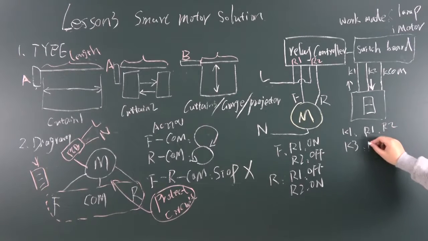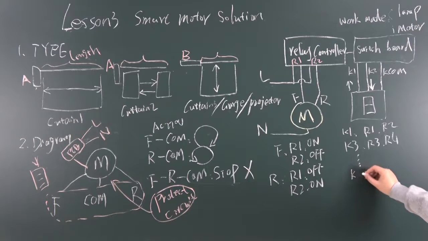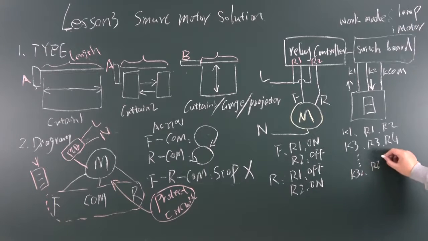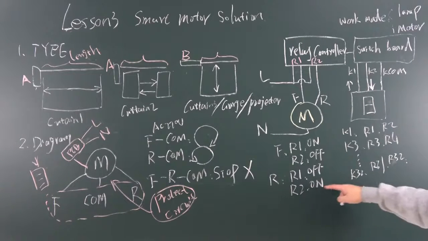K3 is R3 and R4. Relay 3 and relay 4. So just until K32. That is for relay 31 and relay 32. So this is how to use the button to control every relay.